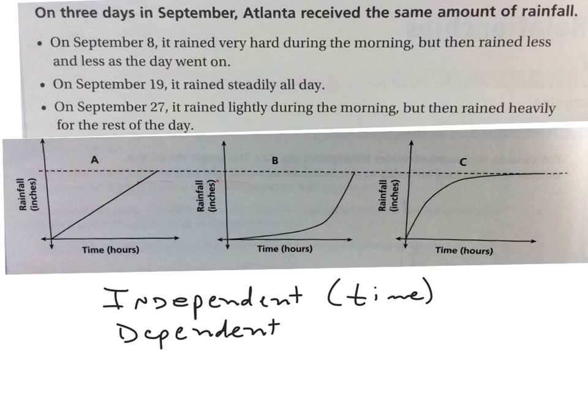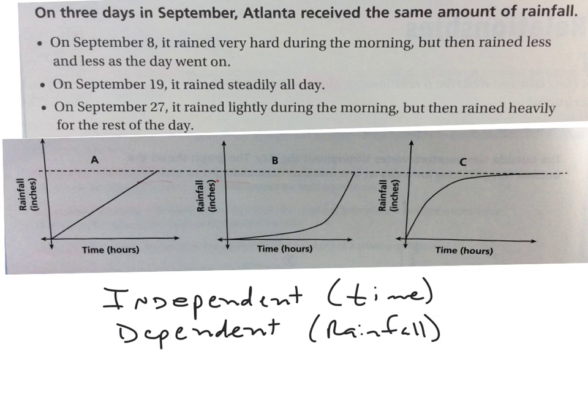And your dependent is the rainfall. The amount of rainfall is dependent on how long it is raining for the day. So I just want to start using those vocabulary words, so you can start utilizing them on your tests and quizzes and in everyday conversations in class.